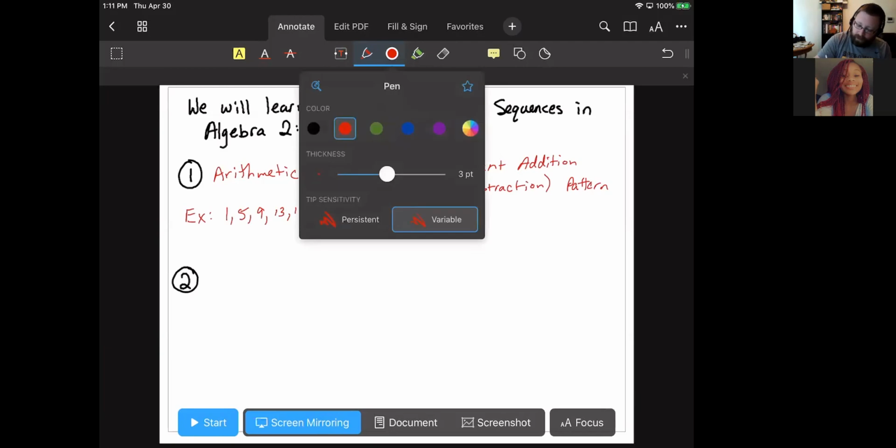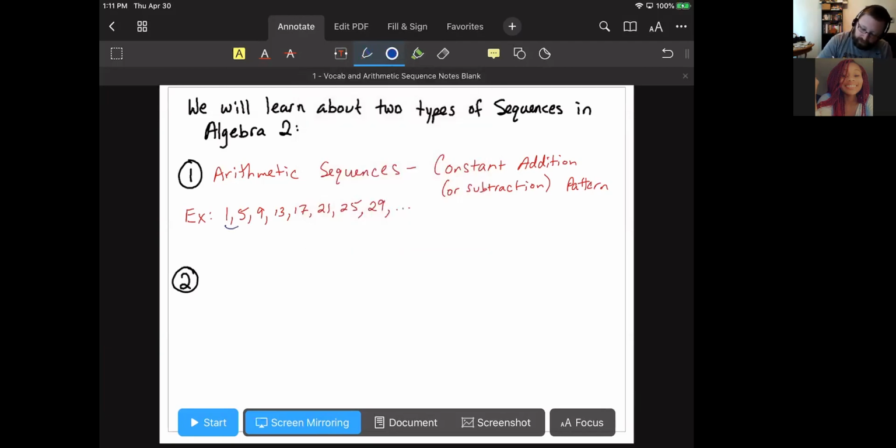And the way that we know that is the pattern is that each term is created by adding 4 to the previous term. Okay?